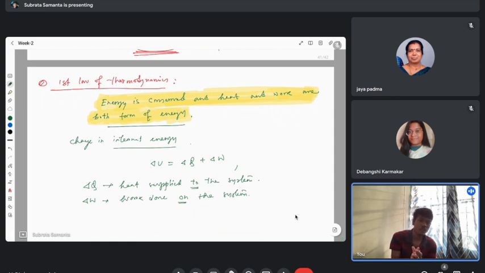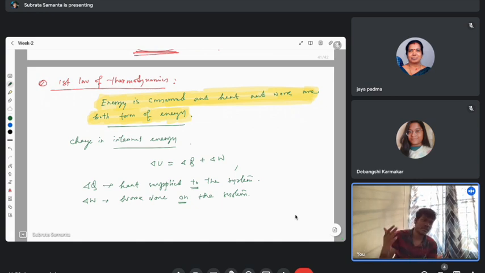Or if you put your hands near a hot object, heat transfers from the hot object to your hands, and your hands reach a final temperature T. But you can get the same thing by rubbing your hands instead, doing work.